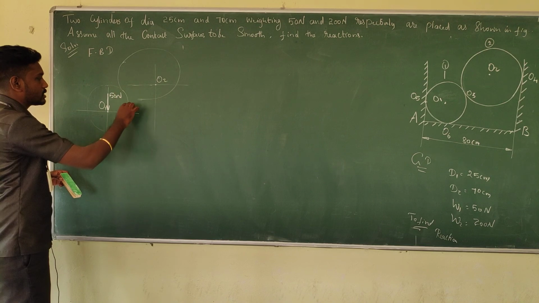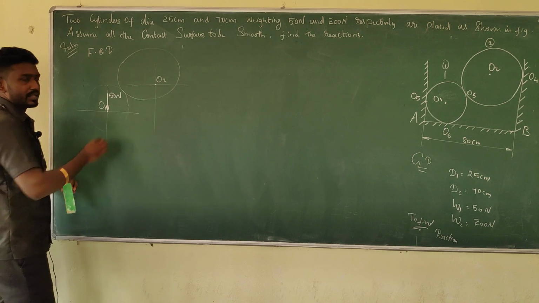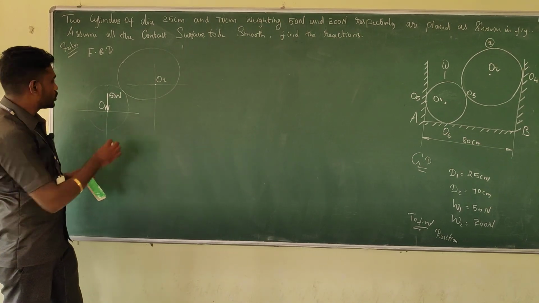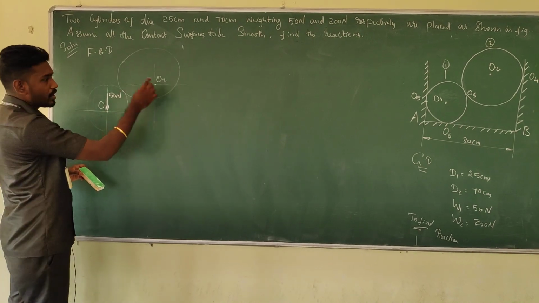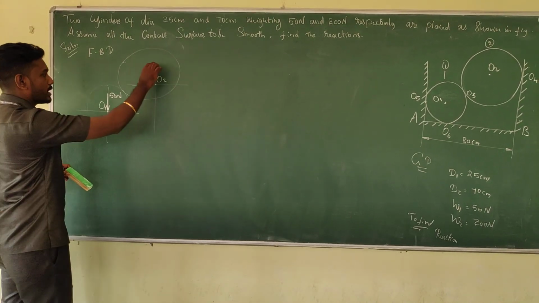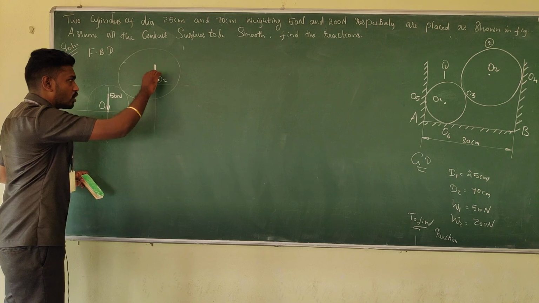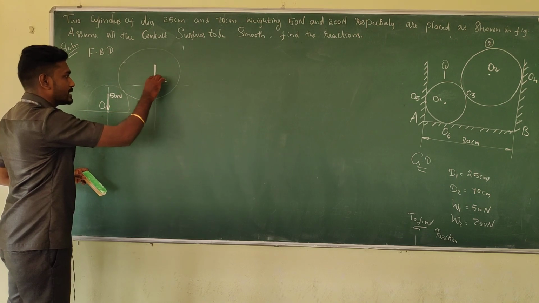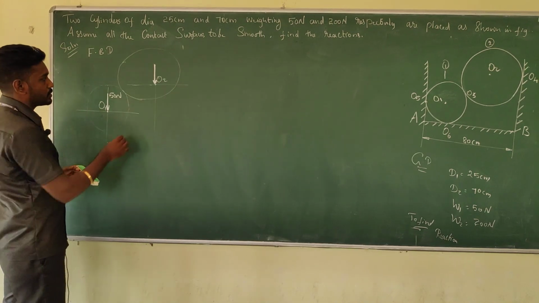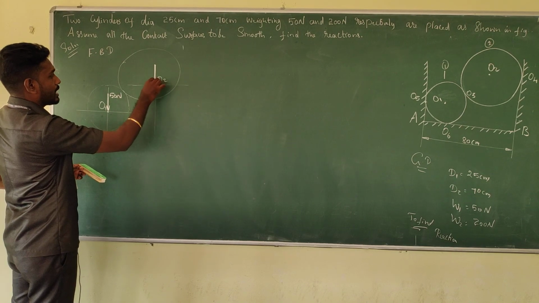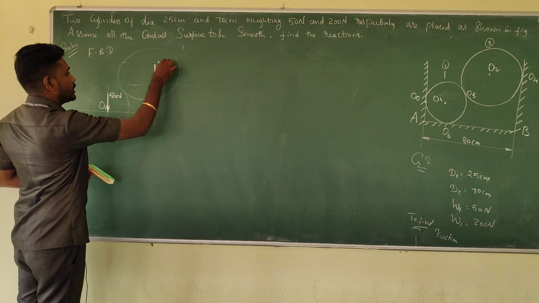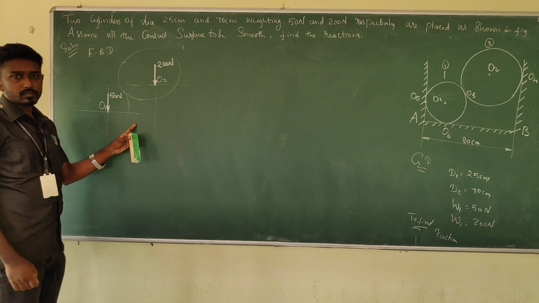Now what about the second cylinder? It also has its self weight, given as 200 Newton. We know the weight of an object is directed downwards from the center of the object, so 200 Newton directing downwards.